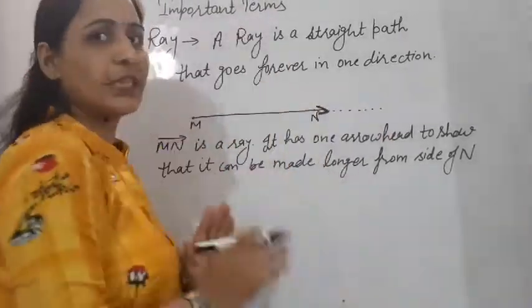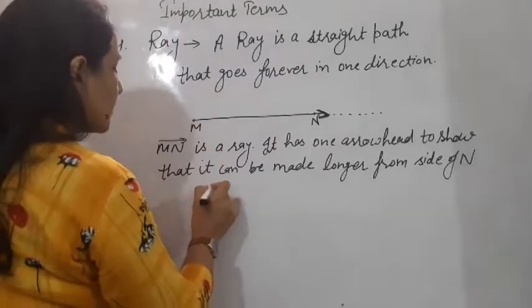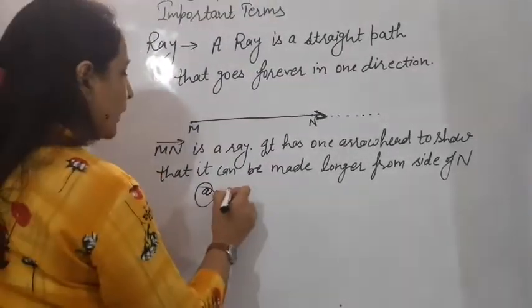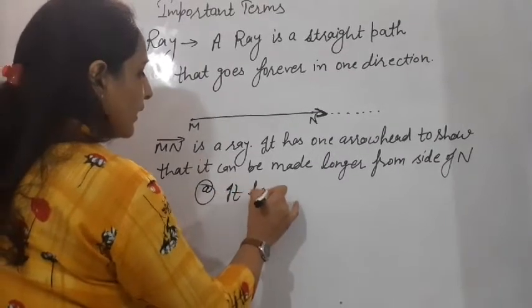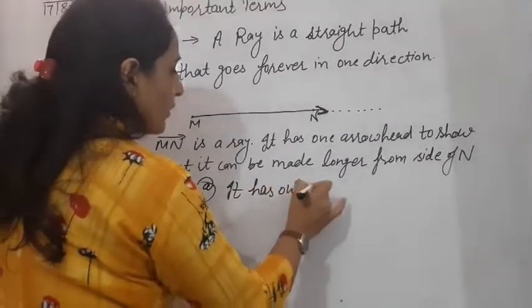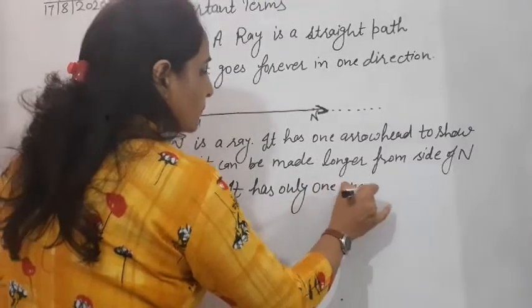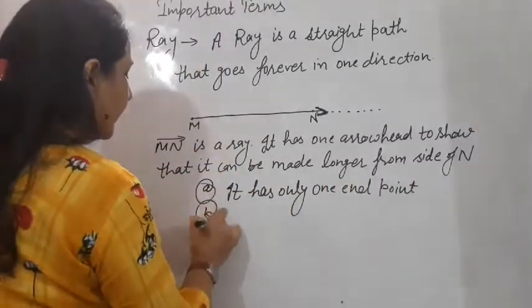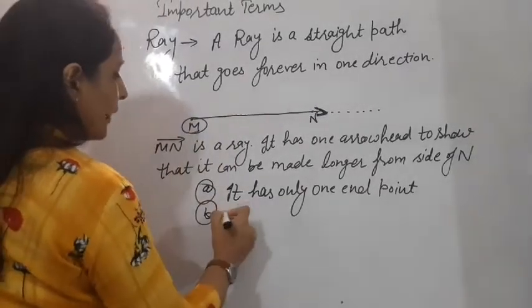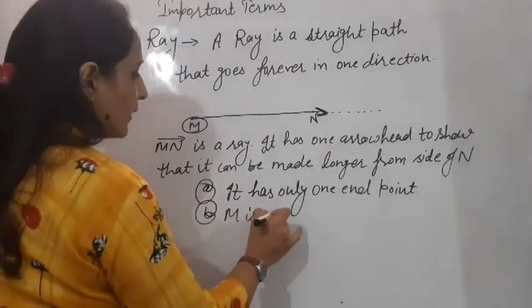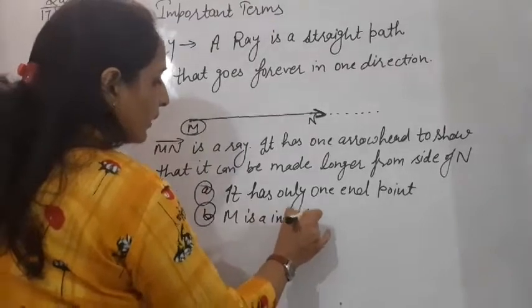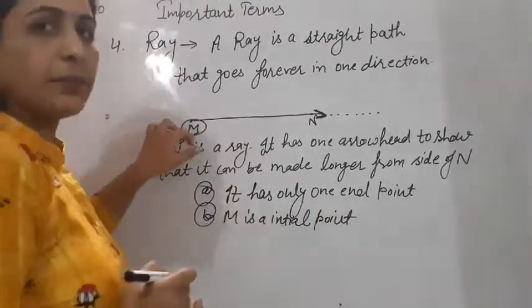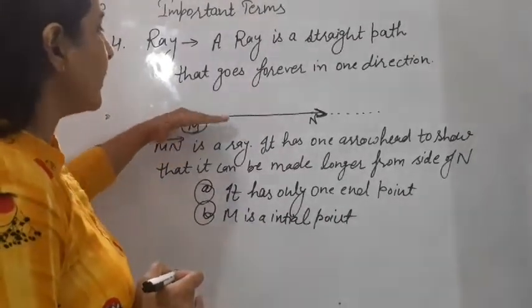Now the first point is that it has only one end point. Here M is the initial point and it is moving.